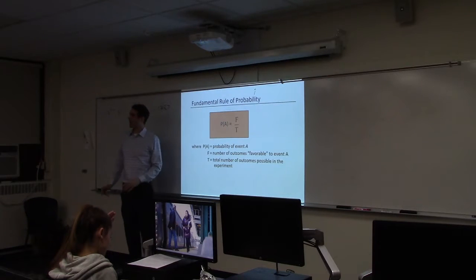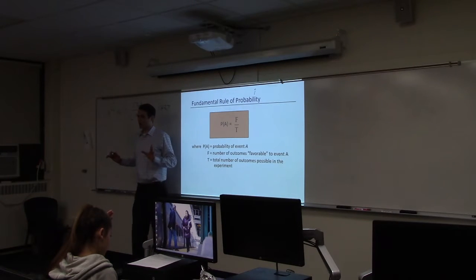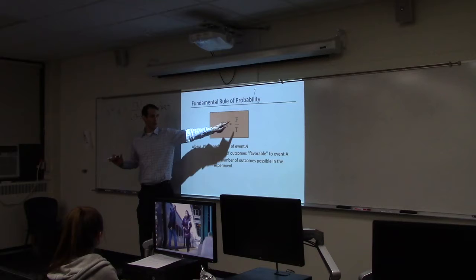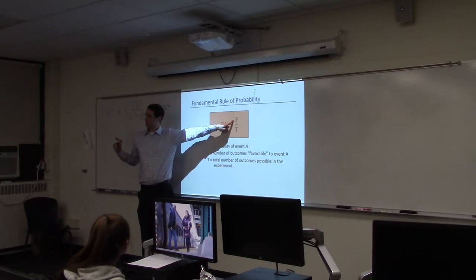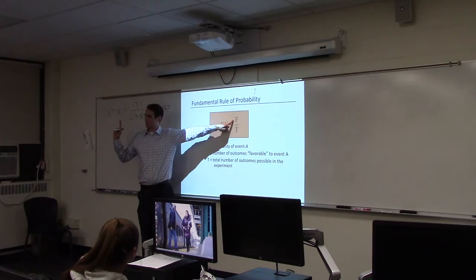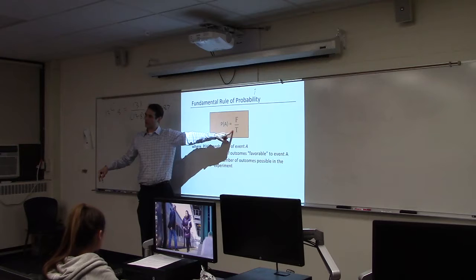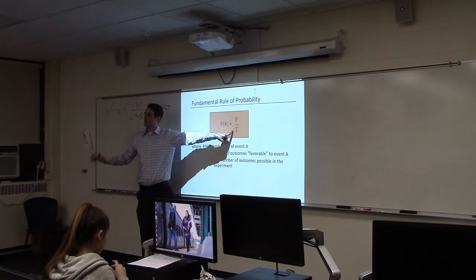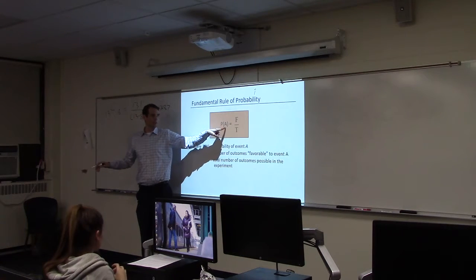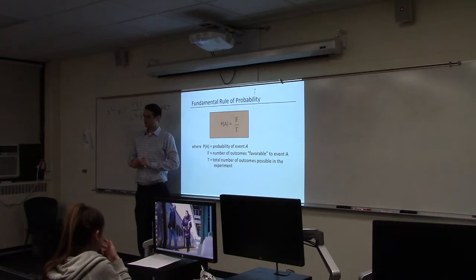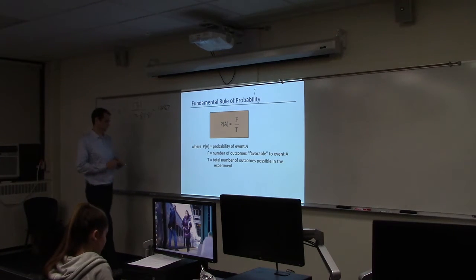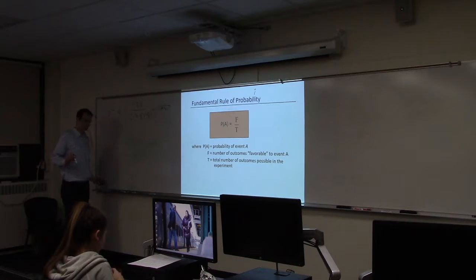So say the probability of rolling a 4 on a 6-sided die, how many outcomes would be favorable to rolling a 4? 1. There's one way I can roll a 4. It says 4 on the 6-sided die. How many total outcomes are there? 6. So the probability of rolling a 4 equals 1 over 6. This is our fundamental rule of probability. You like that?